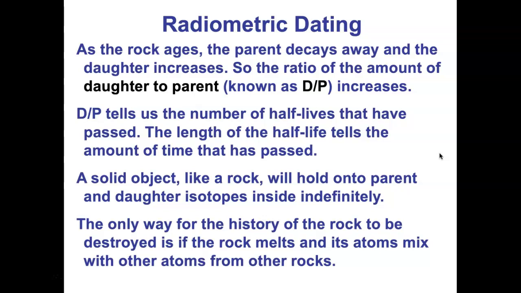They don't go anywhere, unless something happens to the rock, unless the rock is melted or mixed up or contaminated. If the rock is contaminated in some way, then maybe you could lose parent or daughter atoms, or maybe some new parents or daughters could be introduced, and that would throw off your count of parents and daughters, and that would make the age unreliable.